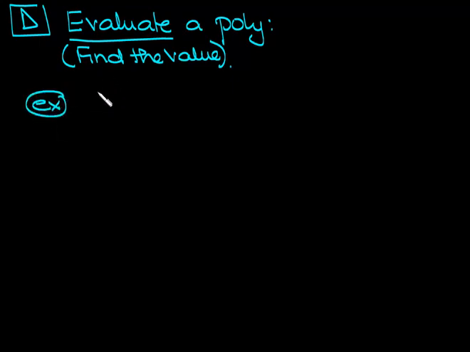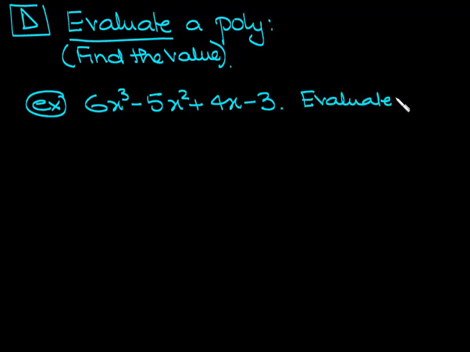Let's say I have something like this: 6x cubed minus 5x squared plus 4x minus 3, and I tell you to evaluate the polynomial if x is equal to -2.